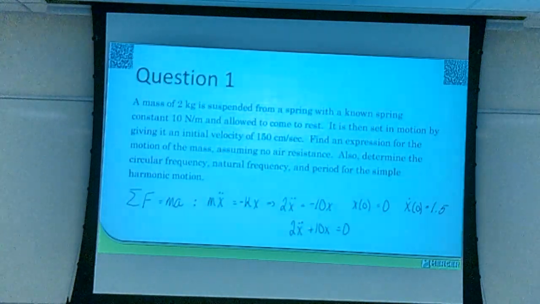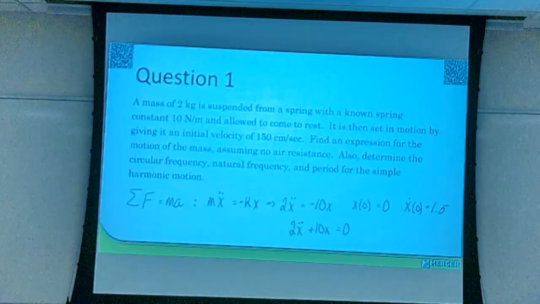Notice that all the models that we look at are second order. We're not modeling anything above second order. That is homogeneous, linear with constant coefficients. Oh, we know how to find that solution, right? What do we have to do first?